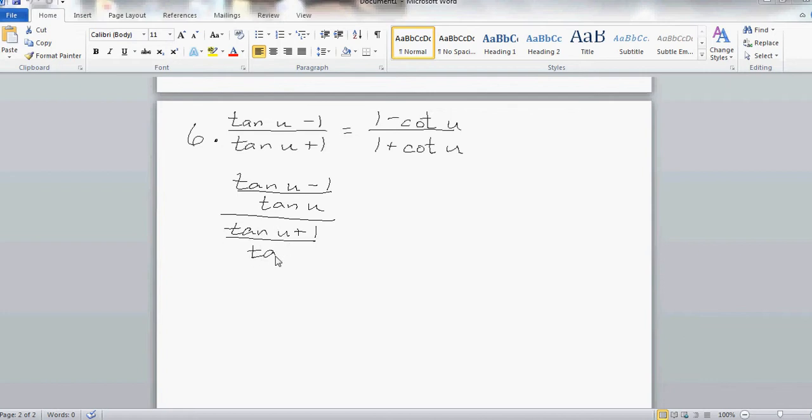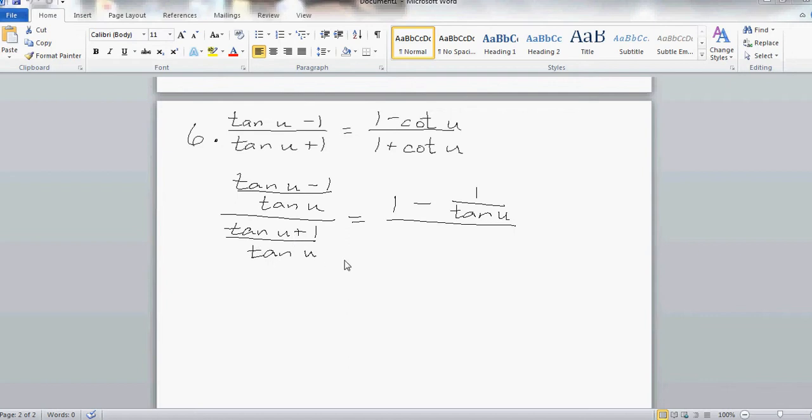As long as we divide both the numerator and the denominator by the same thing, then we're perfectly fine. Now I look at this and I can give this tangent of u to both of them. So tangent of u over tangent of u is 1 minus 1 over the tangent of u. Likewise, I can do the same thing for the denominator.